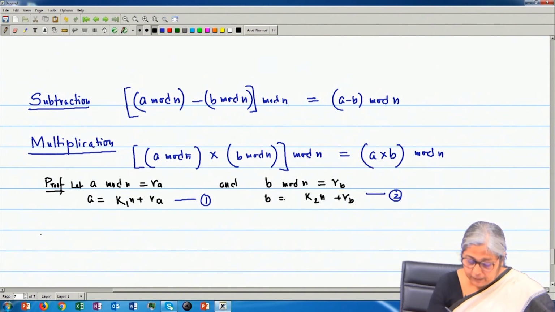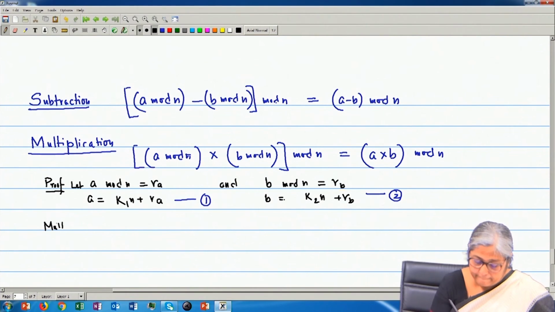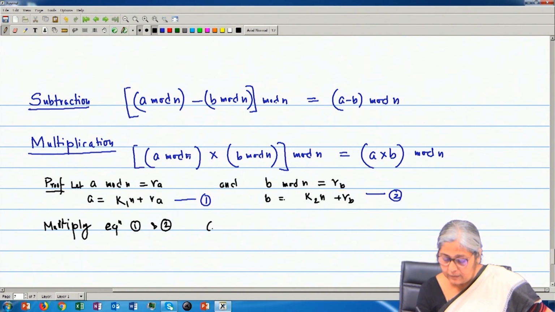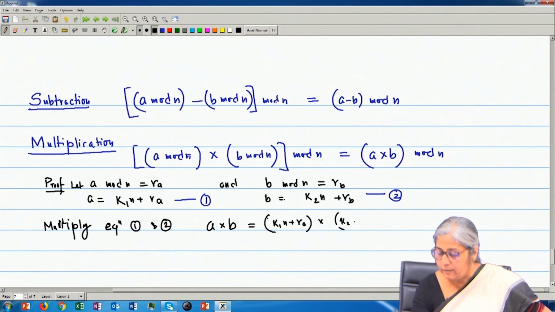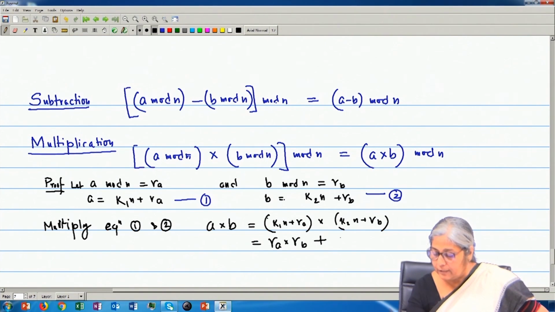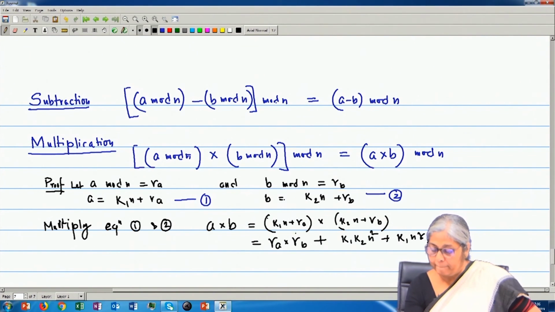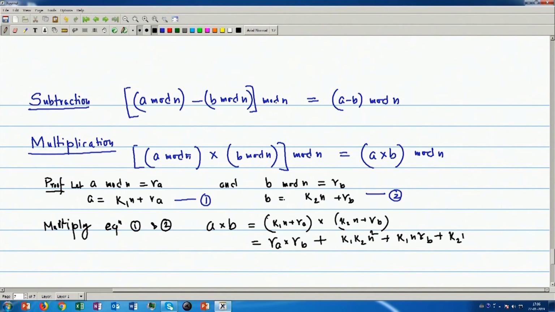If I multiply equation 1 and 2, we get a into b equal to k 1 n plus r a into k 2 n plus r b, which gives r a into r b plus k 1 k 2 n square plus k 1 n r b plus k 2 n r a.